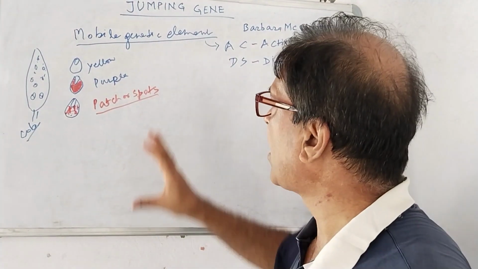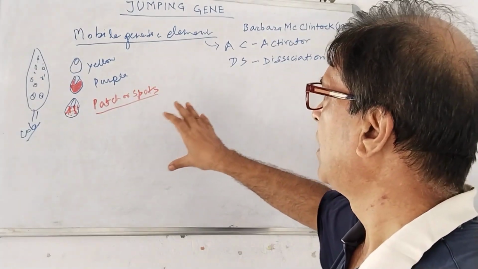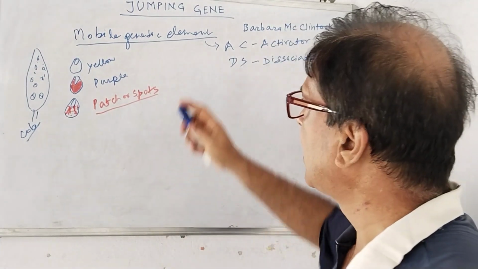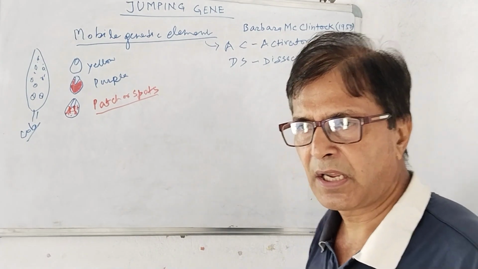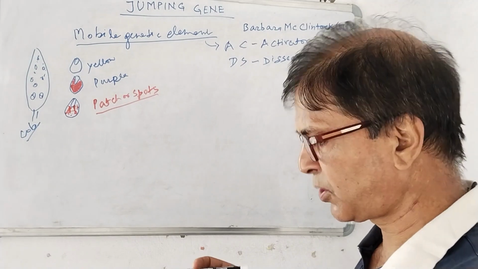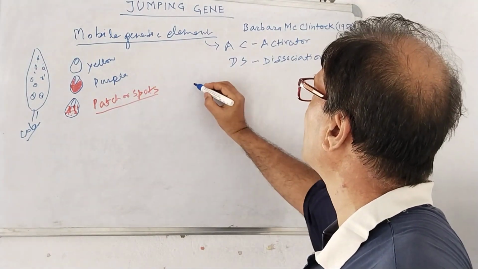She was surprised to get such kinds of phenotypes, because the purple color of the grain occurs due to the expression of the anthocyanin gene in the aleurone layer.